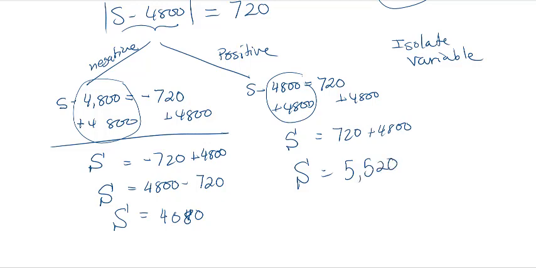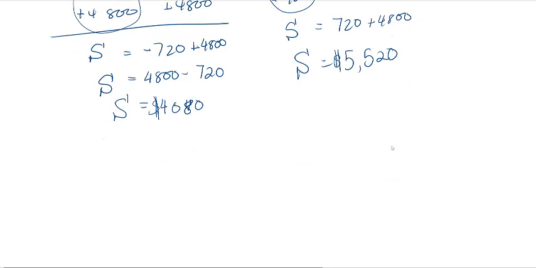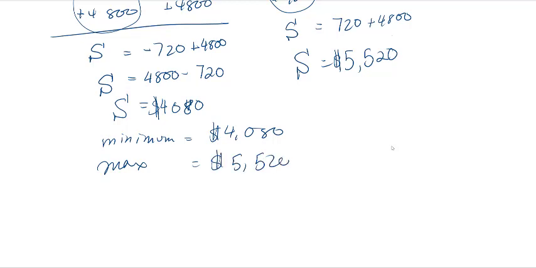And both these results are in dollars, right? So we got the two results. So we can say that the minimum we can ask for is $4,080, and the maximum is $5,520. And these make sense for prices for the motorcycle.